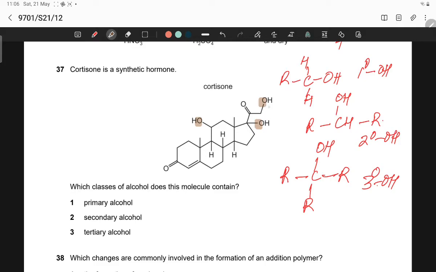So this alcohol is present on a terminal carbon, so it must be a primary alcohol. So this is present.